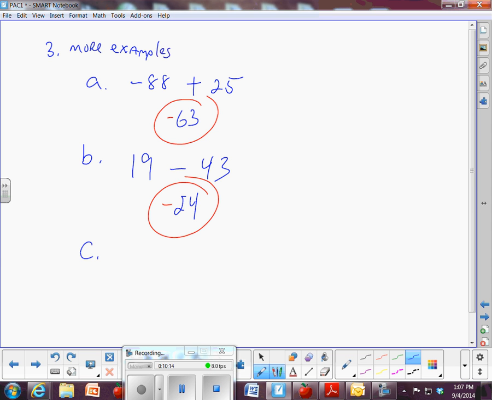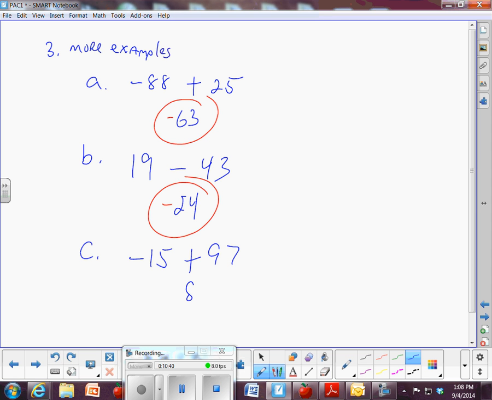Okay. Should we do another one? How about negative 15 plus 97? All right, try that one out. Again, pause if you don't want to hear the answer. All right, I'm going to count from 15 to 97. 25, 35, 45, 55, 65, 75, 85, 95, and then two more.